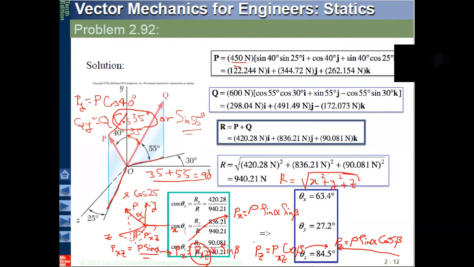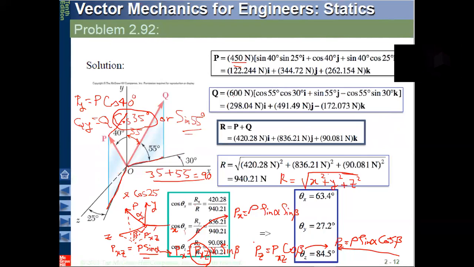Imagine you have x, y, z coordinates and you have a vector P that has angle alpha with the y axis, and the projection of P on the xz plane has an angle beta with the z direction, which is equivalent to what we have in this question for vector P. So let's name the projection of P on the xz plane Pxz.